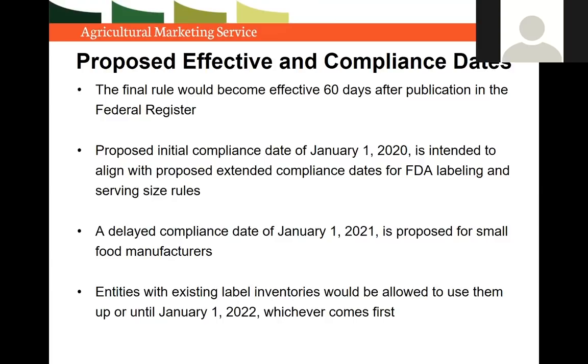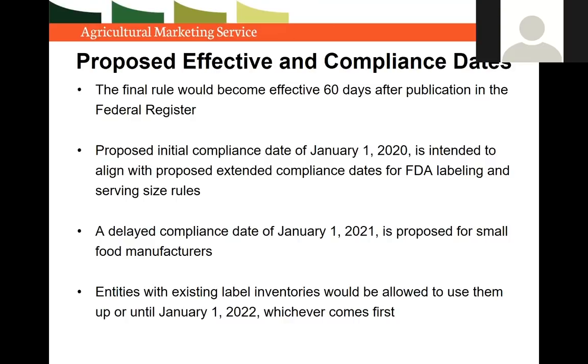We also wanted to take this opportunity to discuss the proposed effective dates for compliance with this rule. We intend that any final rule resulting from this action will be effective 60 days after the date of publication in the Federal Register. We are proposing a compliance date of January 1st, 2020, with a delayed compliance date for small food manufacturers of January 1st, 2021.